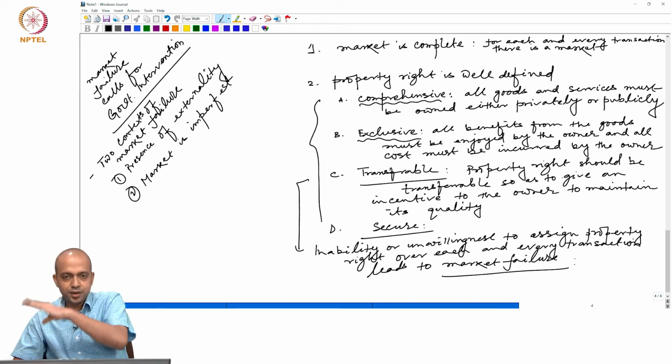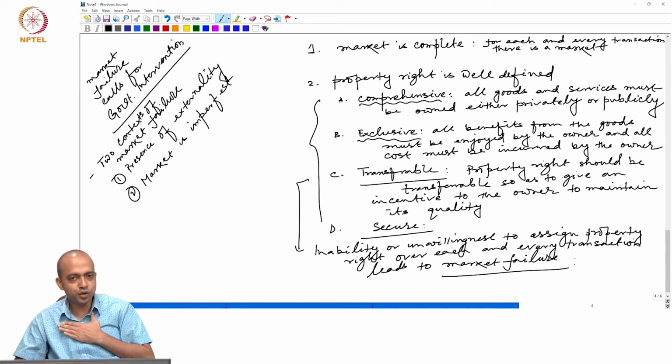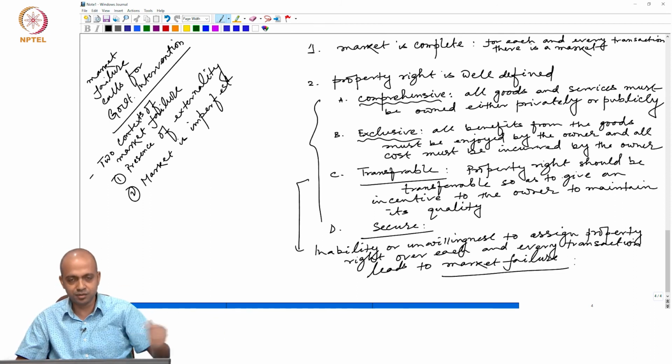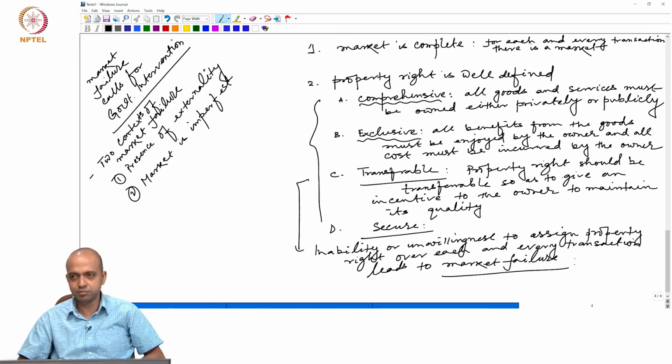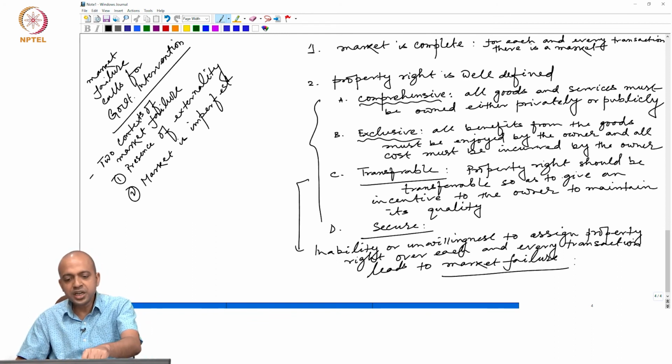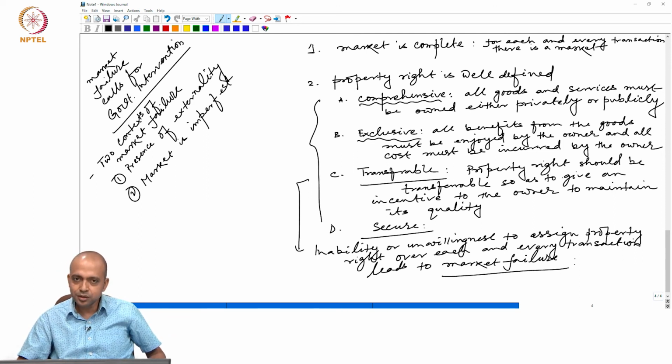Similarly, if there is a benefit, I have bought the music system, you are enjoying my music system, you are not paying me anything to buy another music player. This is called positive externality. So, when there is a presence of externality, either positive or negative, then the property right is non-comprehensive and the market will obviously fail and government intervention is required.